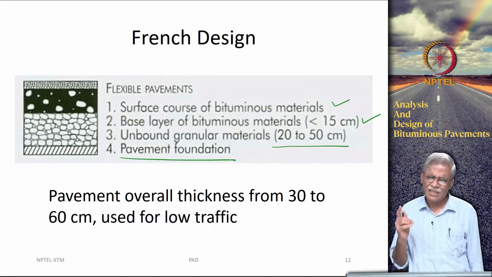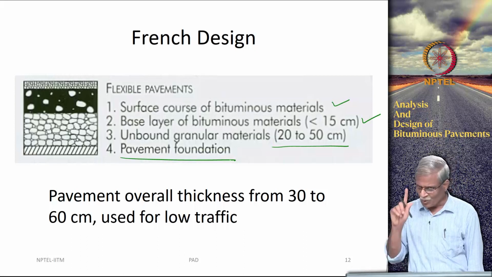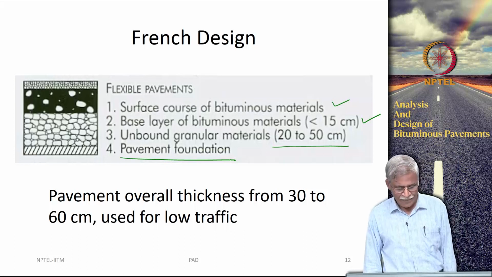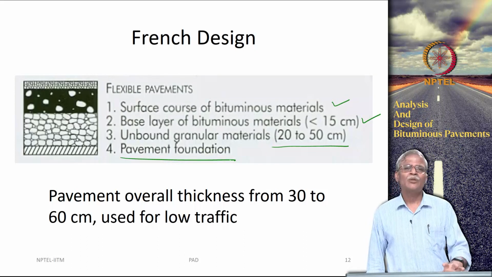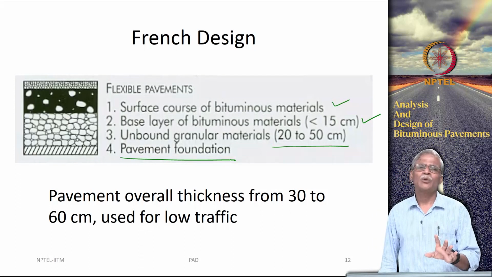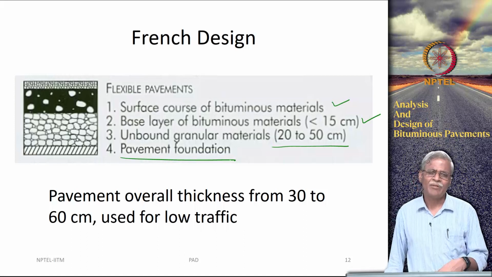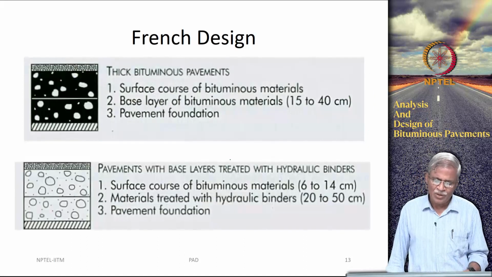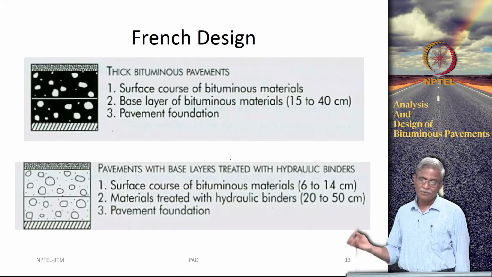You are going to check it, and sometimes you will be surprised. So, watch out for that, right. The same cross section design could be used for low traffic, medium traffic as well as high traffic as far as the French design is concerned.